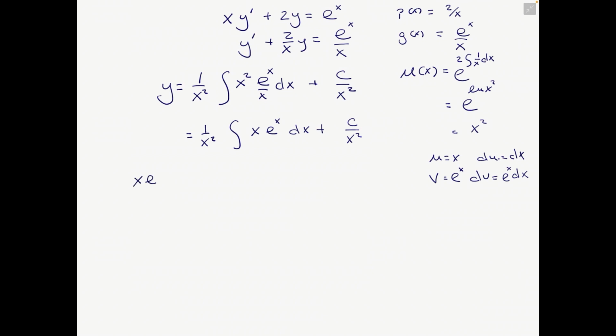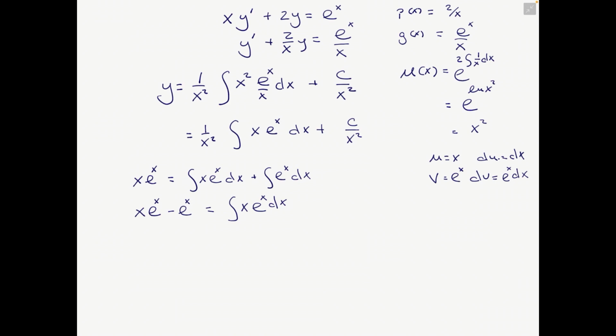So now we have x e to the x minus e to the x equals the integral of x e to the x dx.